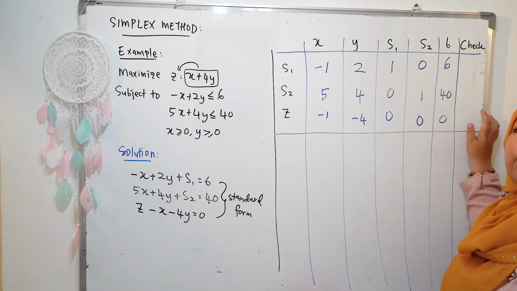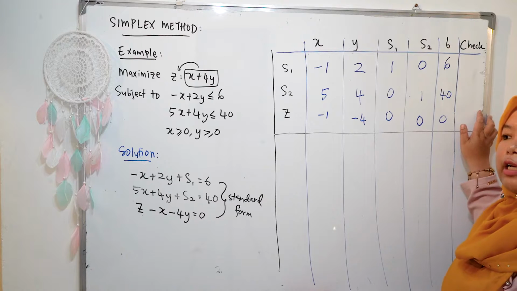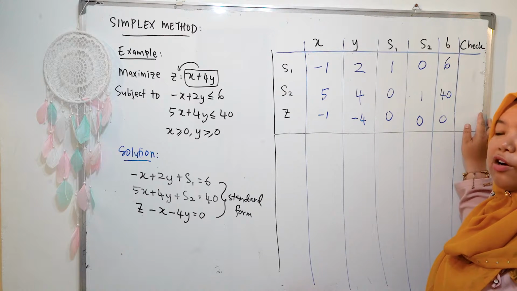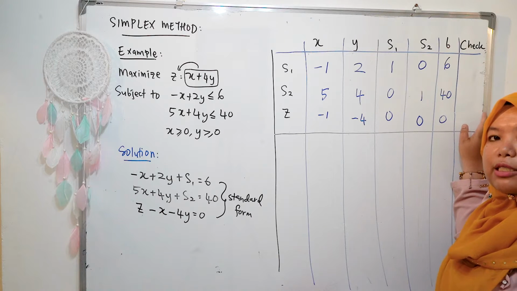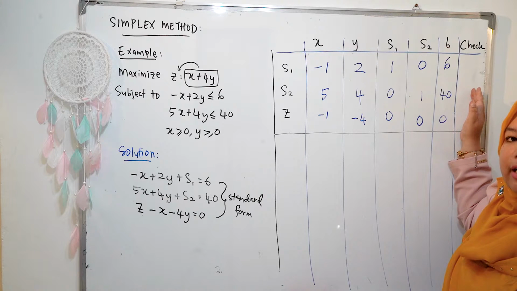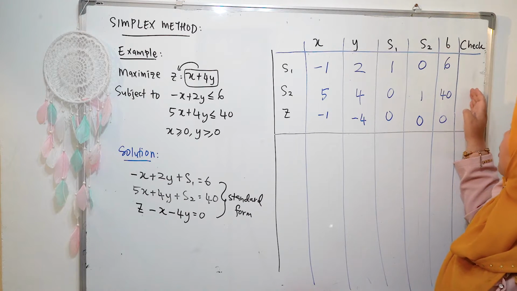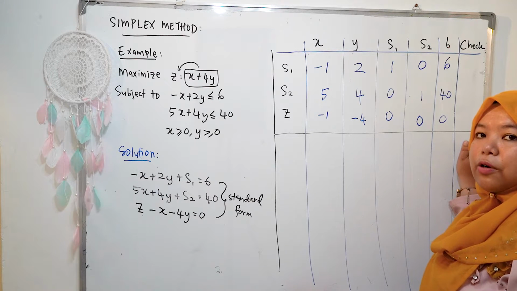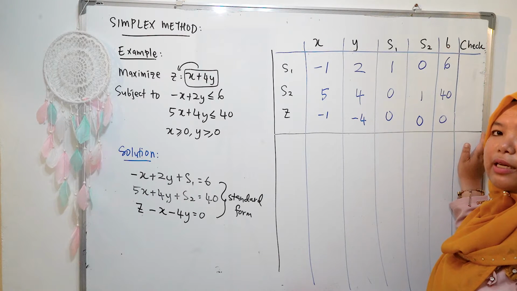What is the function of the column check? The check column is to make sure we avoid careless mistakes, so I add one more column, which is check. If you don't have this column, it's also okay; it doesn't matter actually.